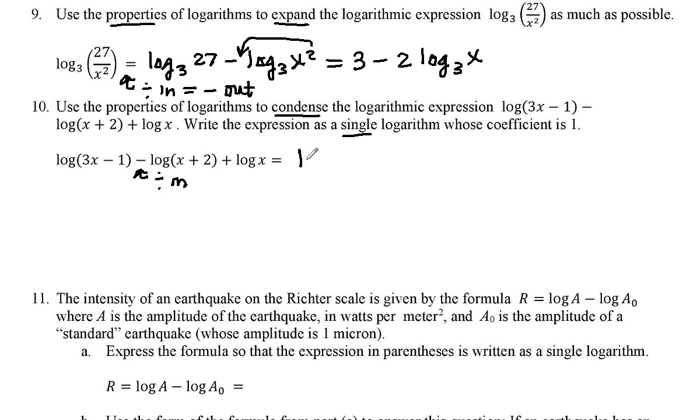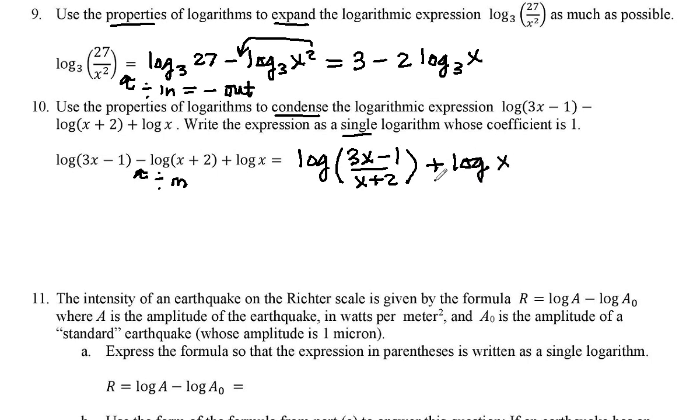So this will be the log, and this is log base 10. Yours might be a different base. And then this will be the top and the bottom of the fraction. So this will be the log of 3x minus 1 divided by x plus 2. So I divided inside the log. And then we've got plus log x on the end.